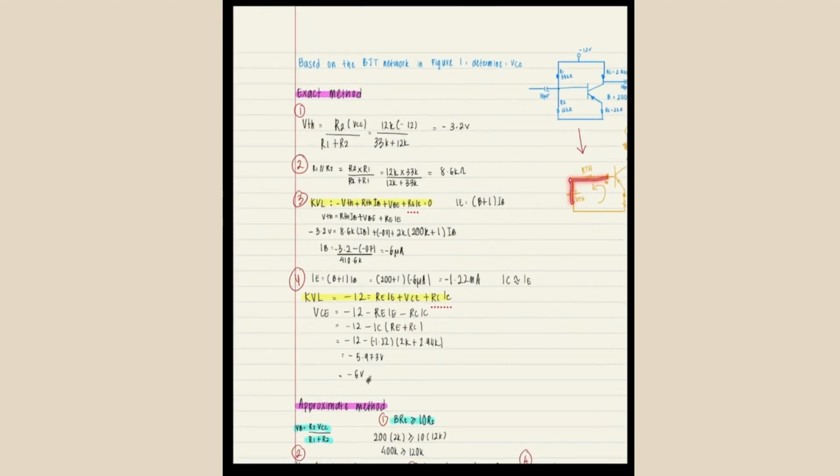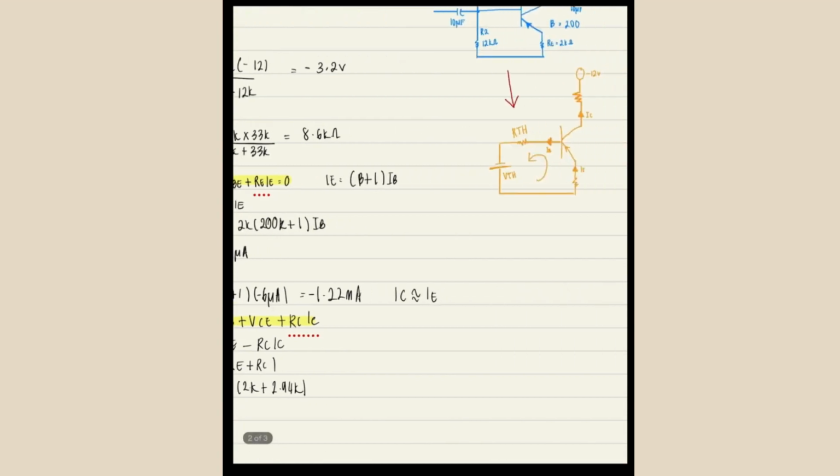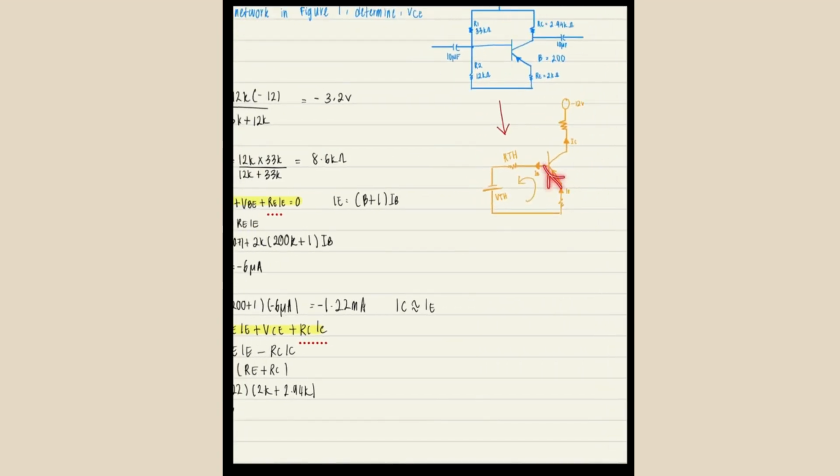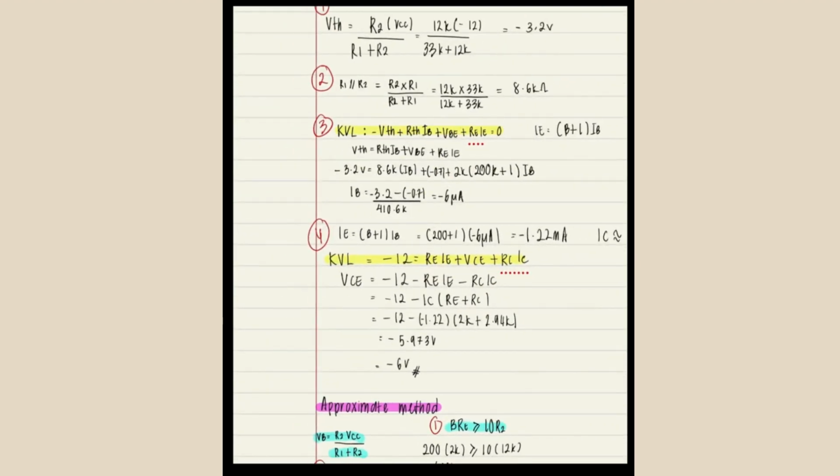Negative VTH plus RTH times IB plus RE times IE. We know that VBE is negative 0.7 because the PNP direction is like this. So we put the values into the formula and get IB equal to a negative value in microampere.